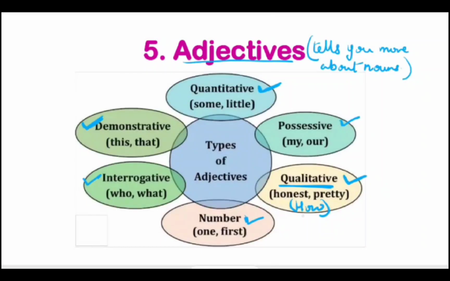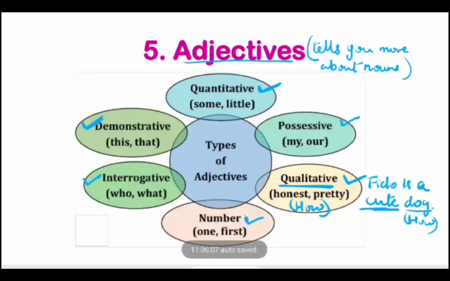For example, Fido is a cute dog. What is the noun? Dog. Ask the question how. How is the dog? The dog is cute. So the word cute gives me a quality or tells me more, something good or bad about the dog.